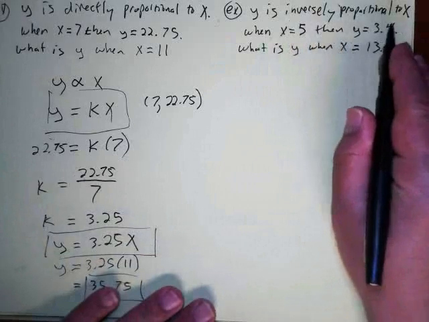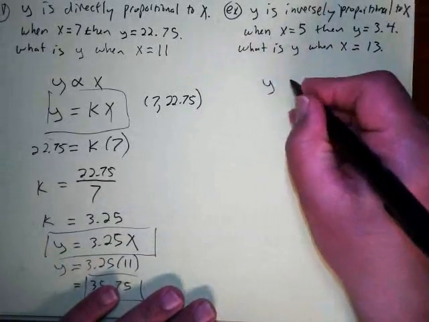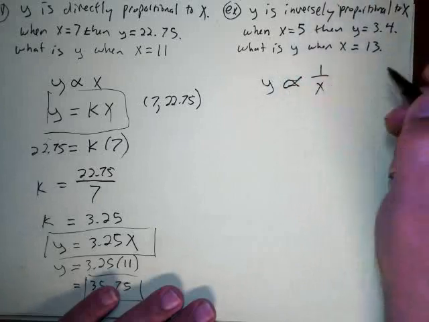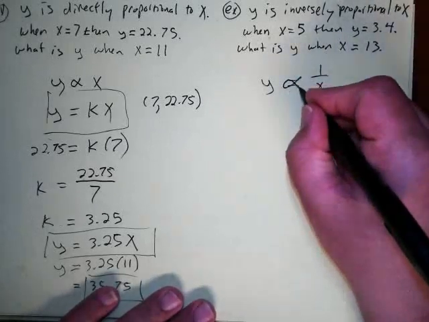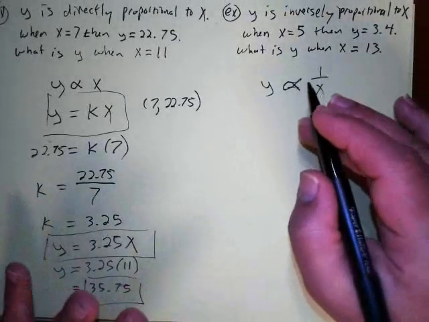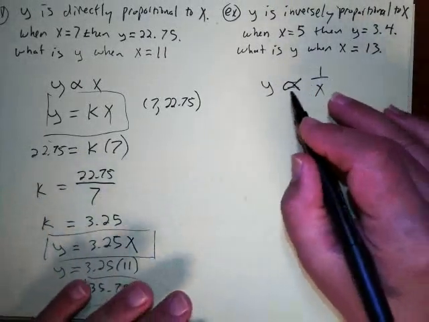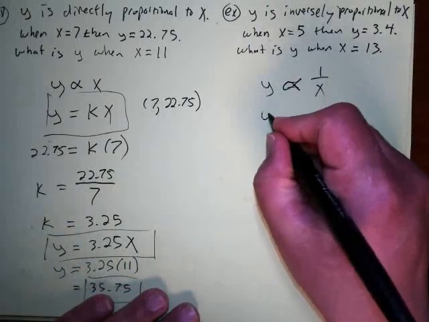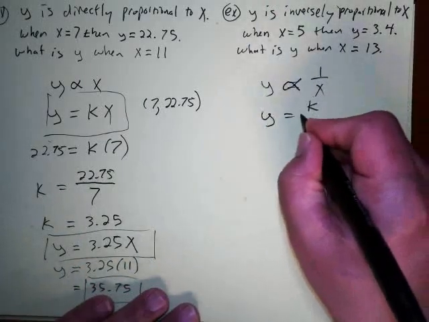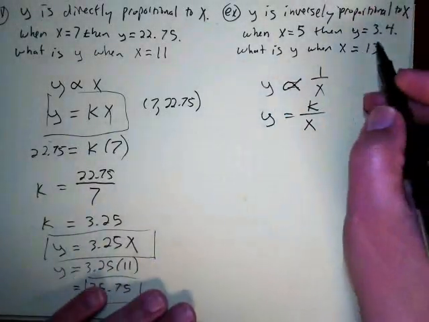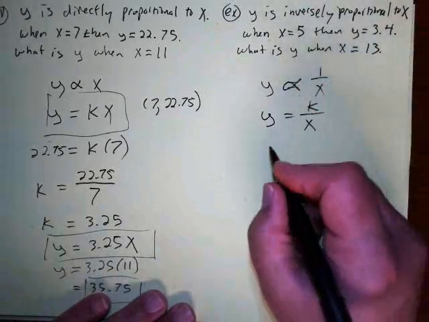It says y is inversely proportional to x. Saying y is inversely proportional to x is just saying that y is proportional to 1 over x. And so that's just to say y is equal to k over x. Now I can plug in my x and y here.